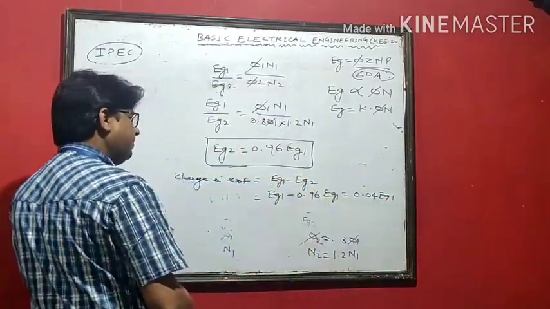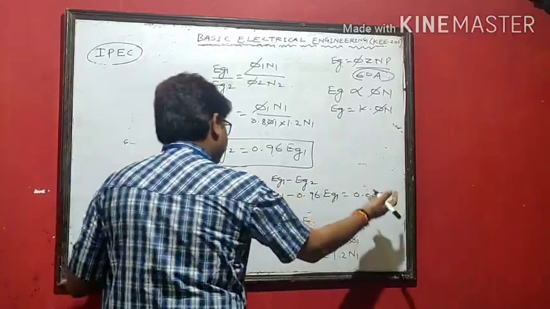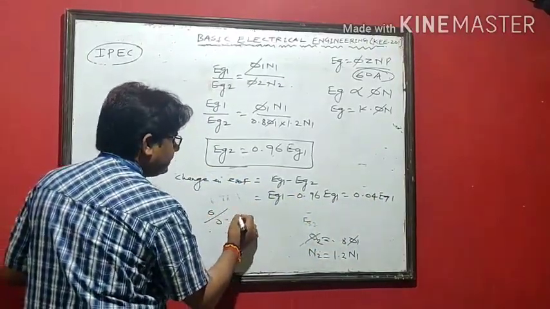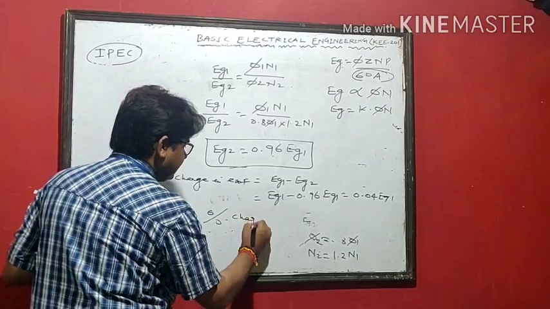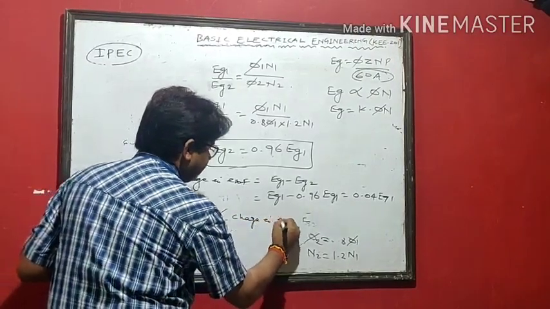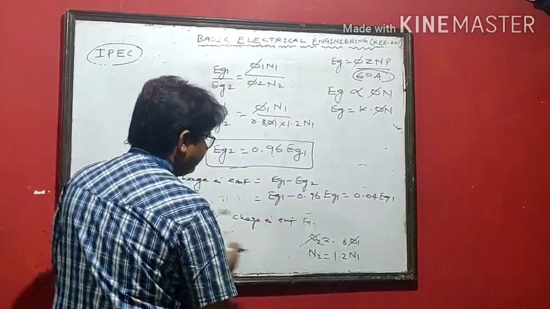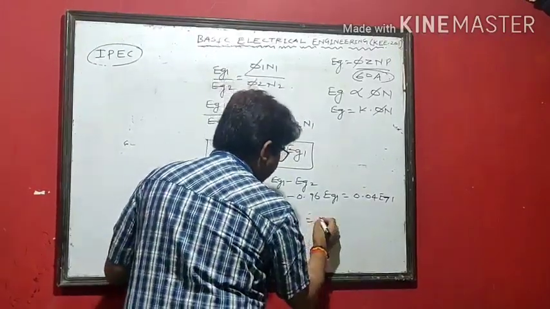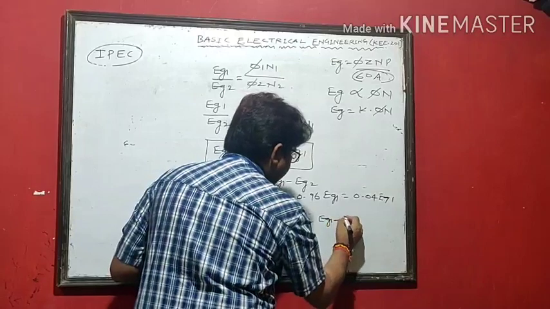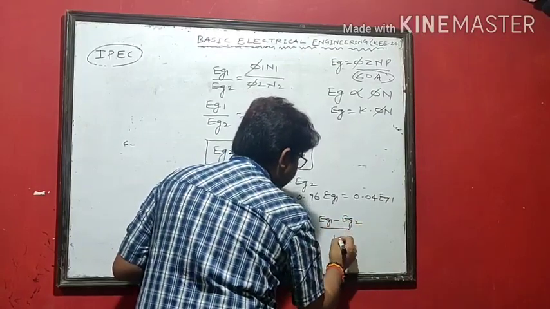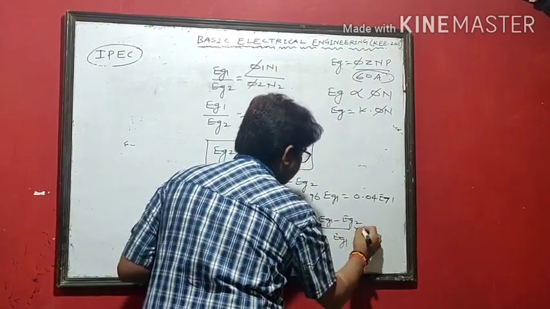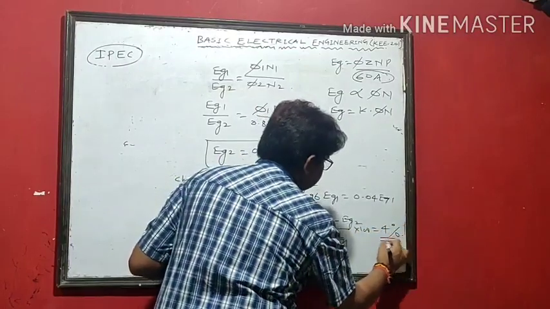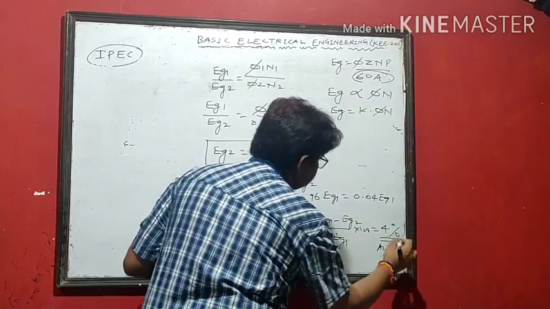The change in EMF is 4%. The percentage change in EMF equals EG1 minus EG2 divided by EG1 into 100, that is 4%. This is your answer.